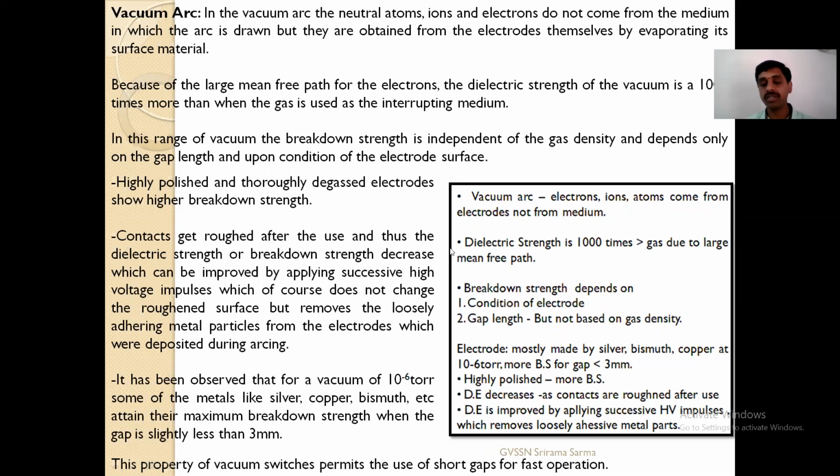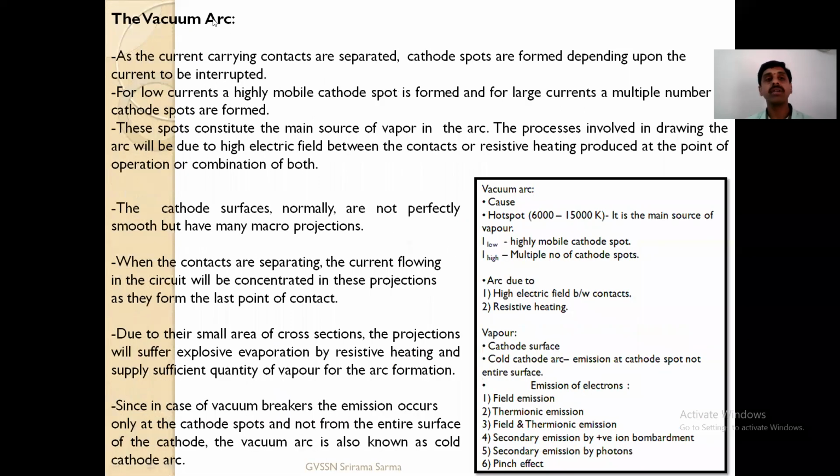So let us continue our discussion with the vacuum arc. What is the vacuum arc? Generally, the question will come: how is the vacuum arc different from a regular, normal high voltage arc? In a vacuum arc, as the current carrying contacts are separated, cathode spots are formed. They are called hot spots, depending upon the current to be interrupted.